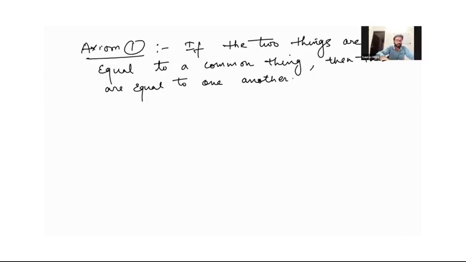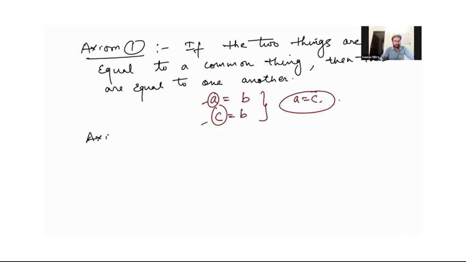That means if I say A is equal to B and C is equal to B, so if two things are equal to a common thing, these two things, this and this are equal to B, then these are equal to one another. So that means your A and C, they both are also equal. That's simple. Okay.